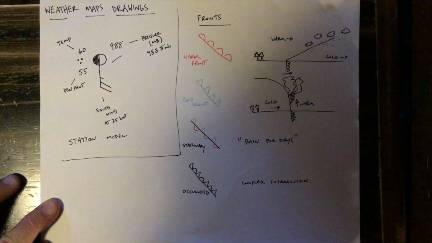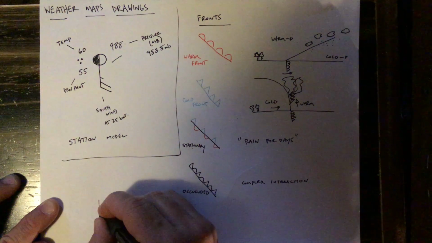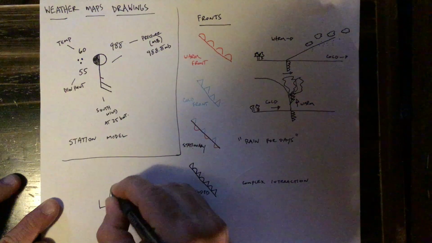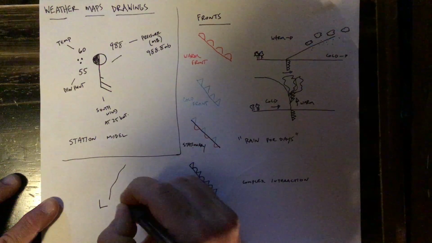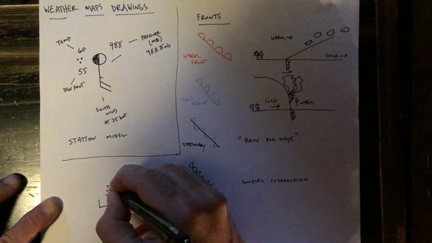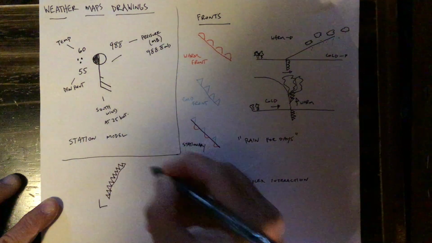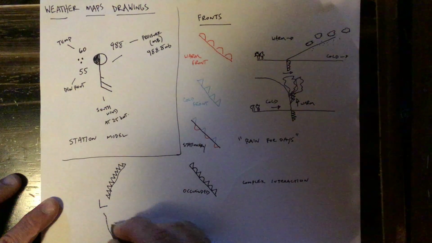Another important thing to know is that all fronts are going to be around a low. You never have fronts around a high.